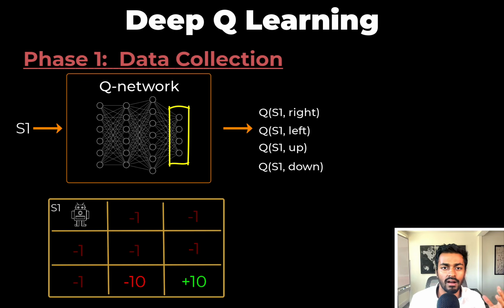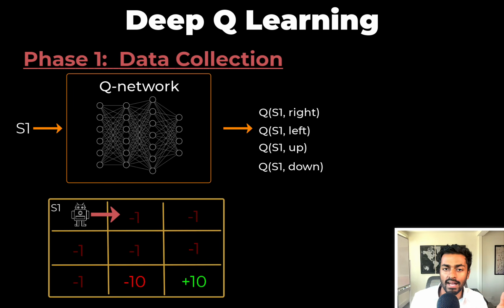So each neuron outputs a Q value for the input state at a specific action. So for example, if we could only go left, right, up, or down, there would be 4 neurons in the output layer, and each of these neurons would correspond to a Q value for each of those actions.